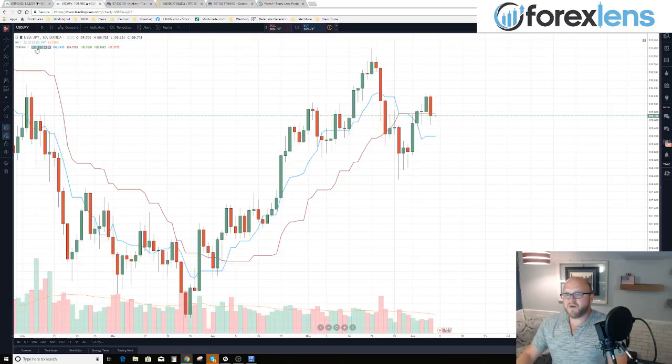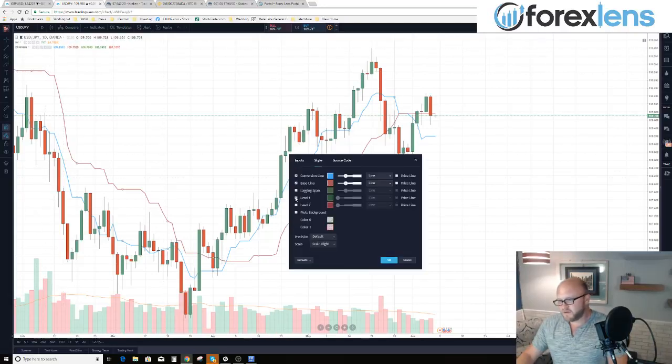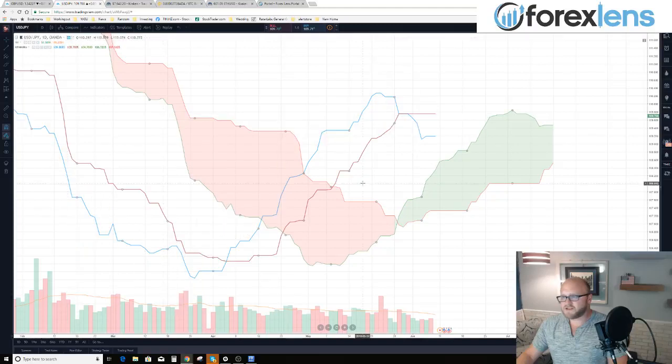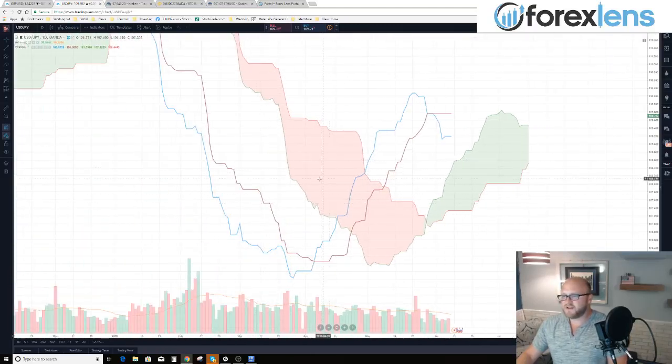But then the cloud, how the cloud is formed, and we'll get rid of the price here. The cloud takes the conversion line and the baseline. It's displaced a little bit, so it's moved up or down. In this case, it's moved up a little bit.